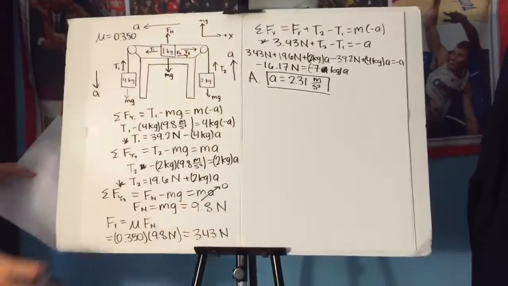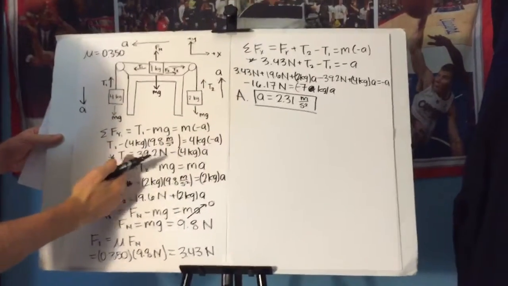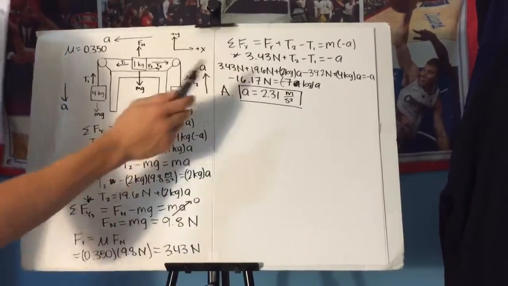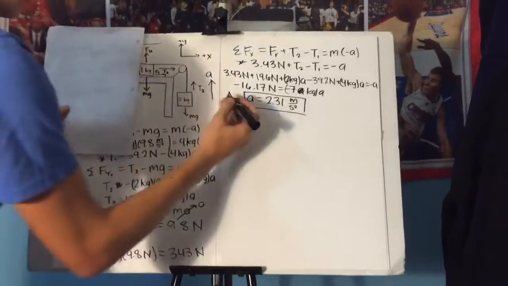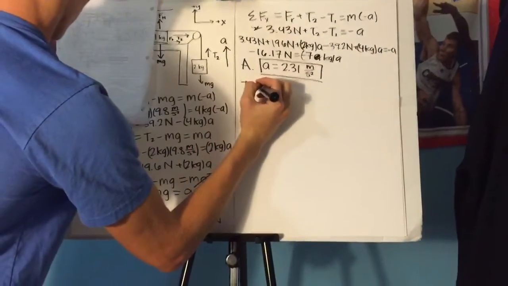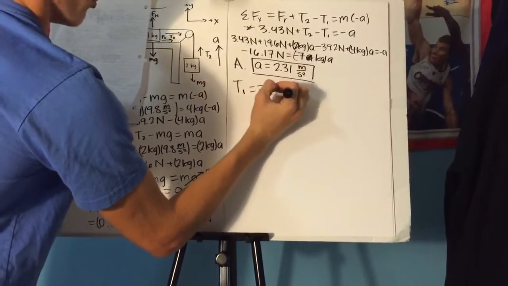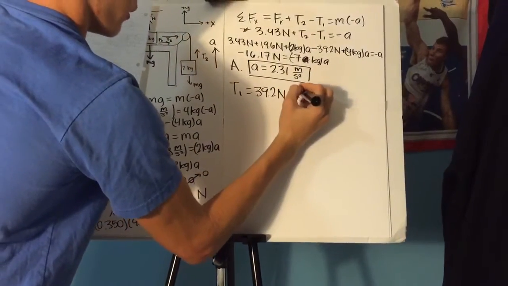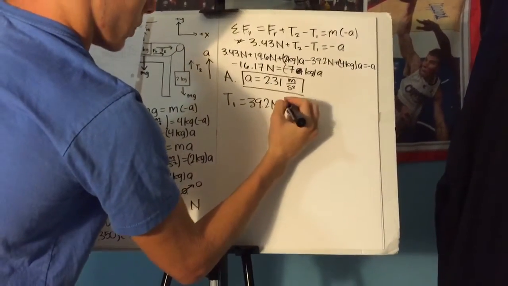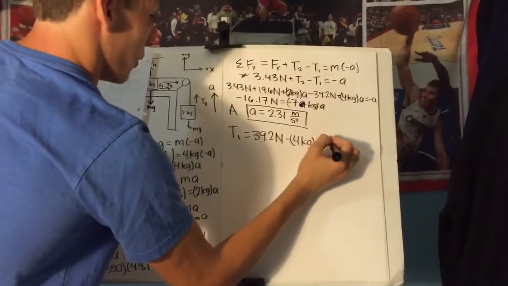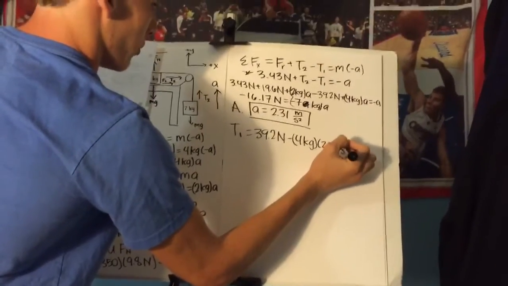So now we're going to do part B, which is simply to find the tensions in the 2 ropes, and this is very simple since we already have an equation for each tension. So all we have to do is plug in the acceleration that we found. So tension 1 is equal to 39.2 newtons minus 4 kilograms times 2.31 meters per second squared.